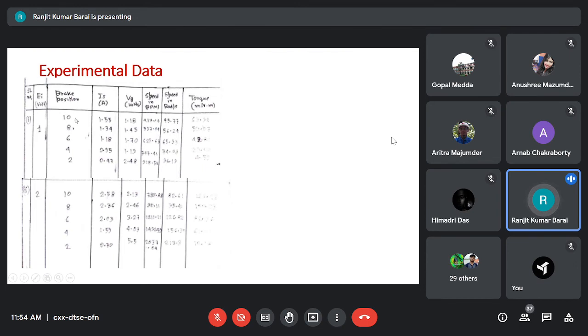Due to this phenomenon, the speed will also change. Initially, because of the speed regulation at high torque, there will be a low reading at the tacho generator output. So speed will be less.